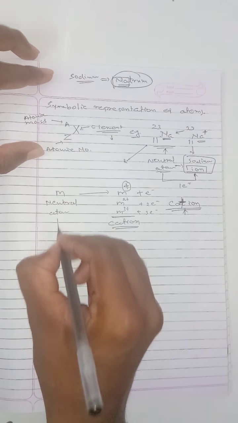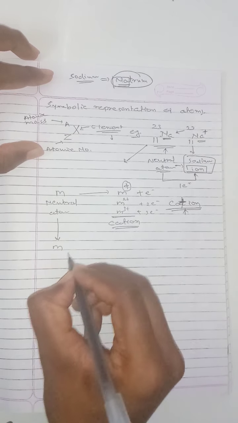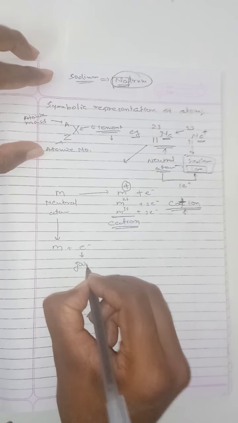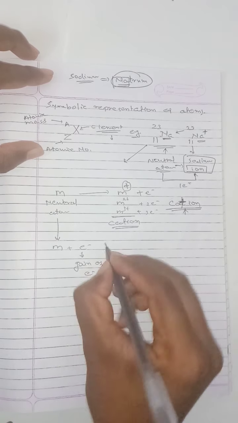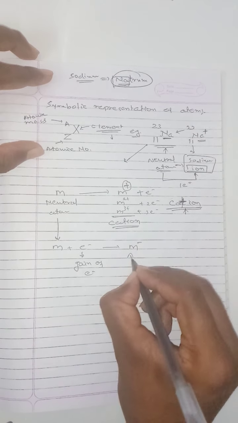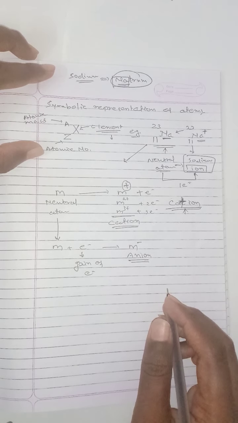Okay, suppose this neutral atom M gains one electron, it is converted to a negative ion and it is said to be an anion.